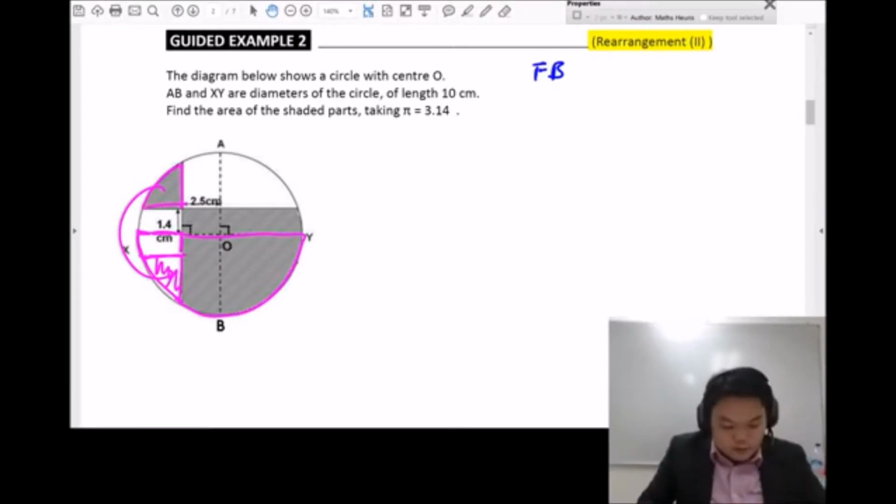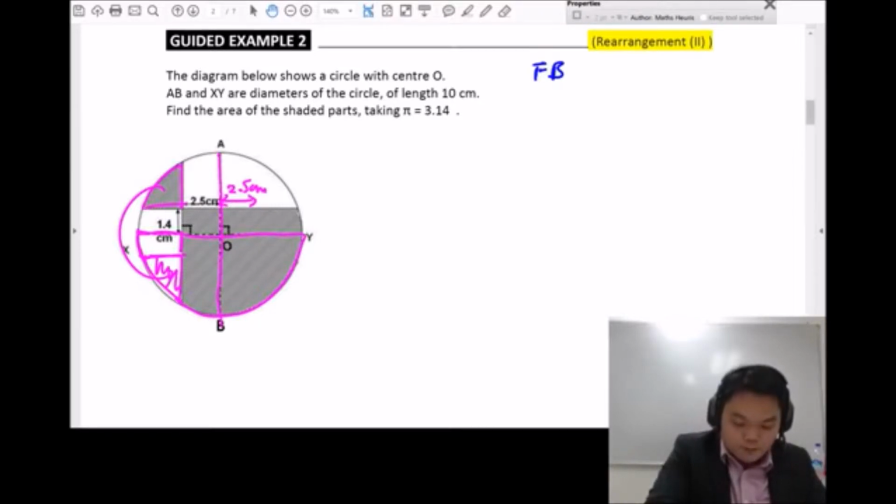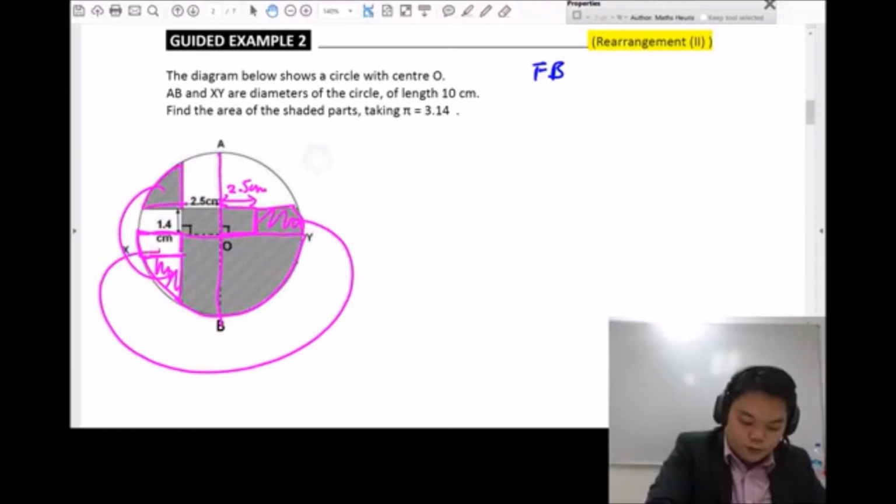The next portion that can be cut out is if I were to measure 2.5 cm from this line AB, draw this line down here, I need to cut out this portion and put it over here.